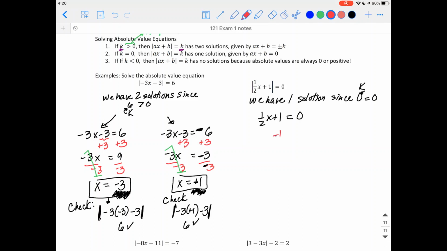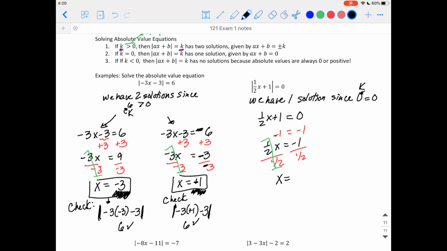So to get rid of 1, we're going to subtract 1. And we're going to be left with 1/2 x is equal to 0 minus 1, which is negative 1. And the 1/2 is multiplying, so to get rid of a multiplication, we're going to divide both sides by 1/2. So 1/2 divided by 1/2 simplifies to 1, times x is equal to x.